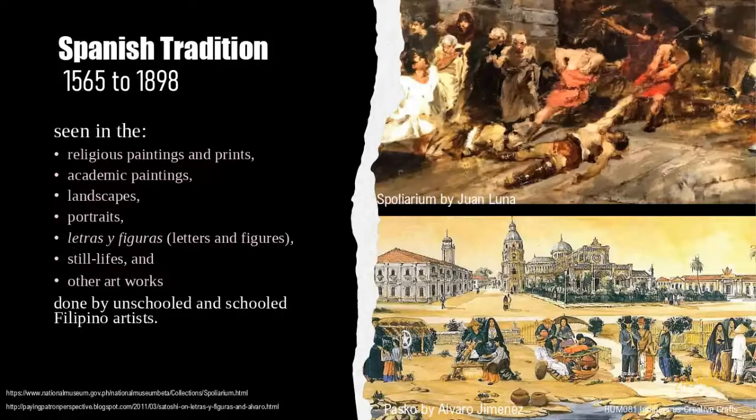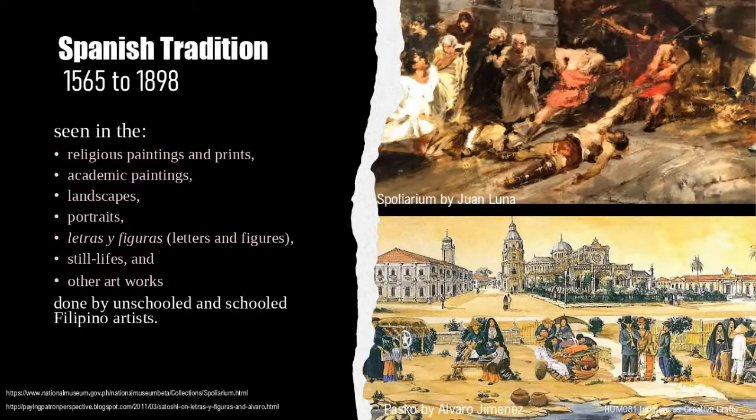So some of them were formally schooled. Like for example, you have Luna over here who has given us the Spoliarium, and this is considered as one of the largest, if not the largest, paintings here in the Philippines, done in 8 months, and has brought glory to the Philippines when it won the gold medal in an international art competition.